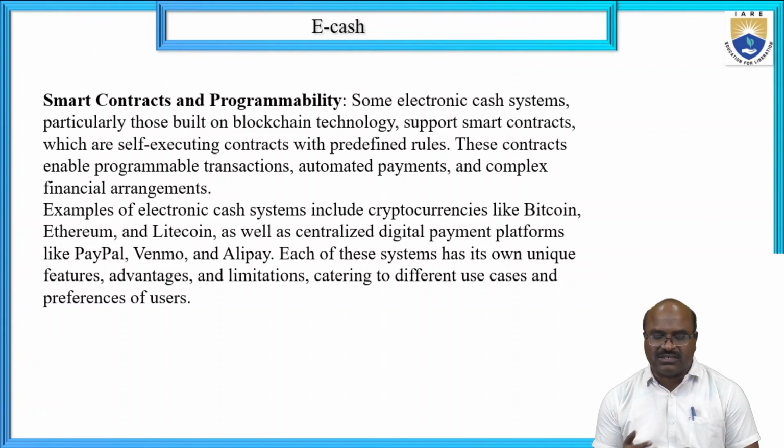Examples of electronic cash systems include cryptocurrencies like Bitcoin, Ethereum, and Litecoin, as well as many others, and centralized digital payment platforms like PayPal, Venmo, and Alipay, etc. Each of these systems has its own unique features, advantages, and limitations, catering to different use cases and user preferences in the eCash system.